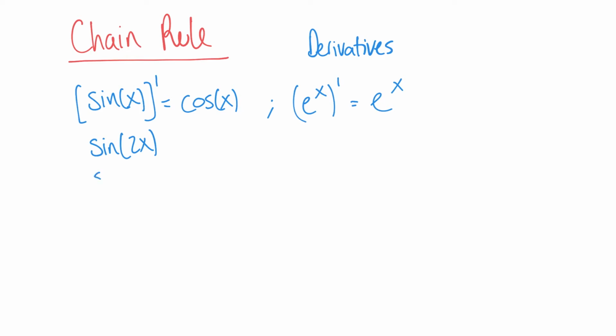What about if I have the sine of e to the power of x? What if I have the sine of 2e to the power of x? So we need to figure out a way to basically use the knowledge that we have, but also extend it a little bit for more complicated functions. And that's exactly what we're going to do.